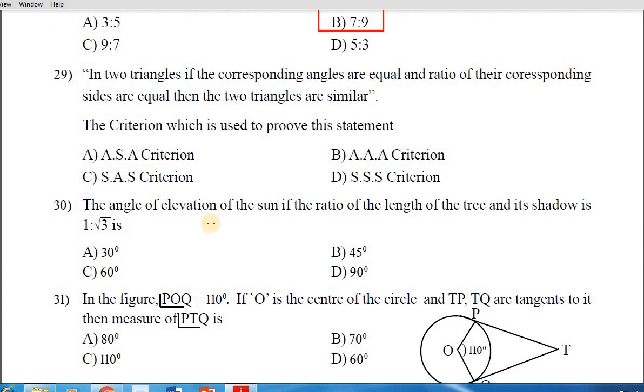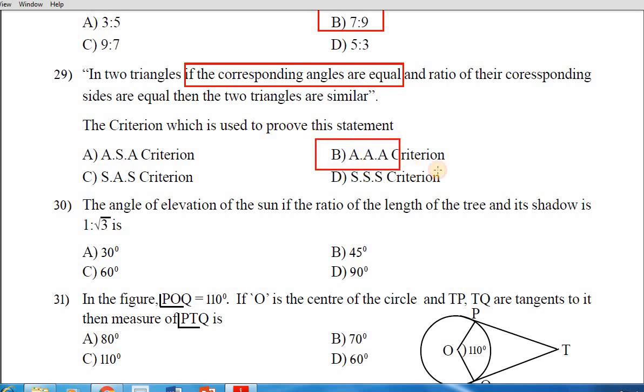Question number 29. In two triangles, if the corresponding angles are equal, then the ratio of their corresponding sides are equal, then the two triangles are similar. The criterion which is used to prove this statement is, so this theorem we have proved by AAA similarity criterion.